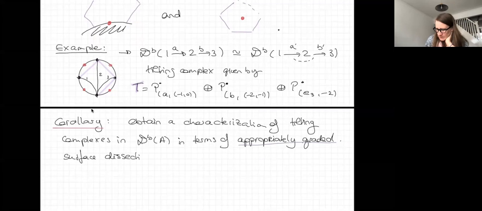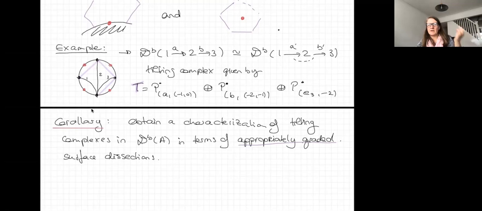So we already know what the surface dissections look like, namely they cut it into polygons with just one red marked point. And then the appropriately graded, I'm not going to define it, but I can maybe tell you what it means.